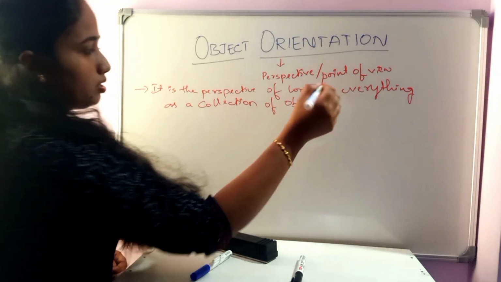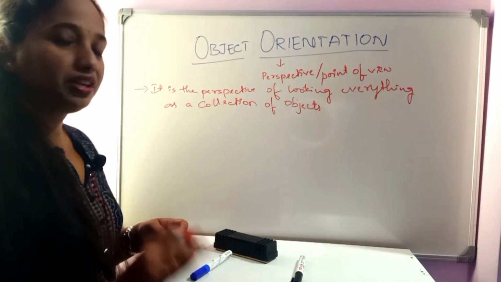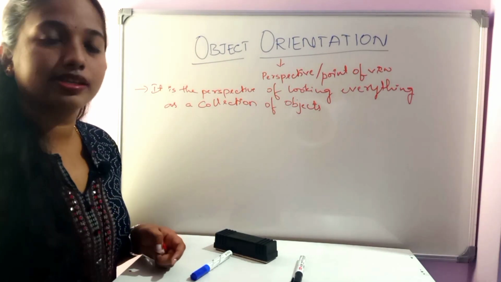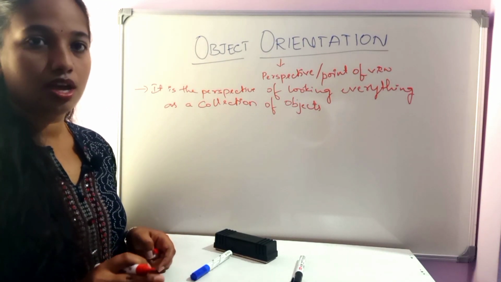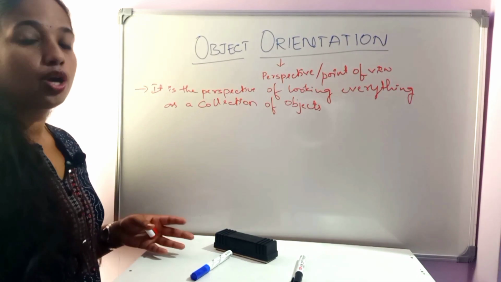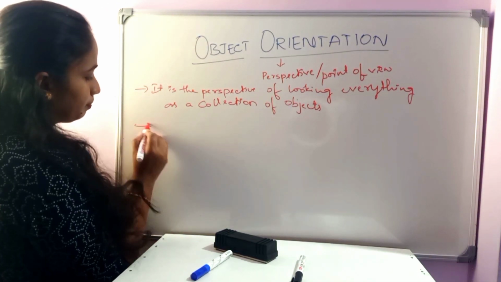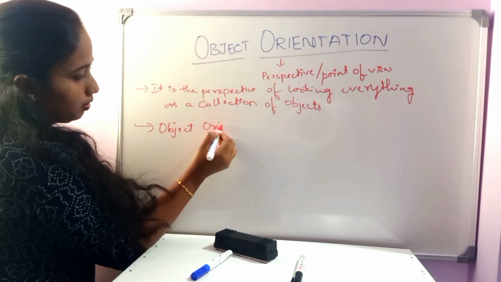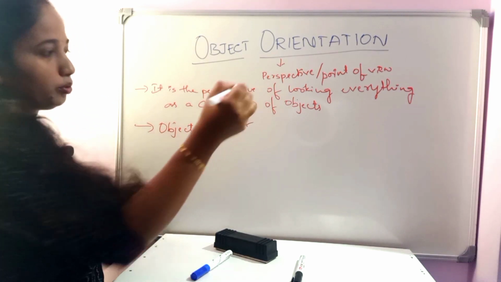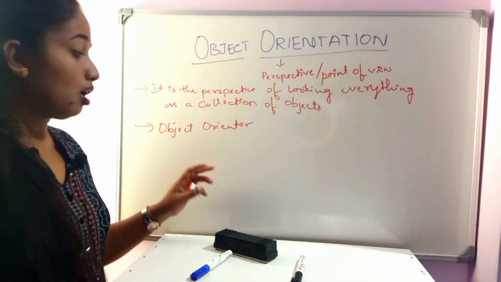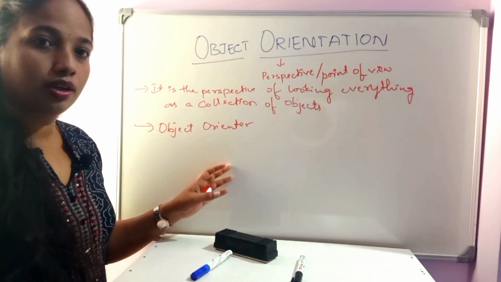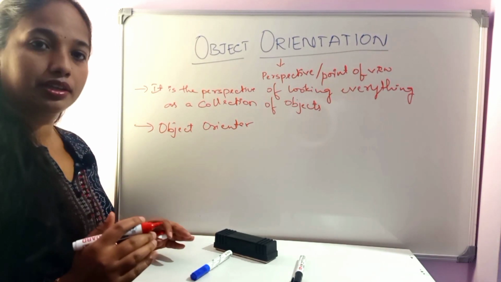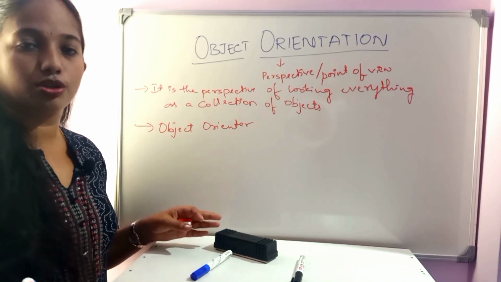Clear? So given anything, you should look at it as an object. To become a Java developer, you should first be an object orienter. An object orienter is a person who will look at anything as a collection of objects.